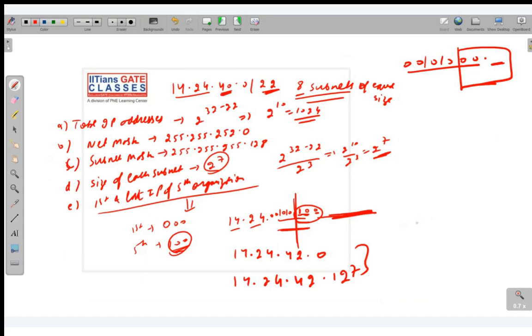Any doubt? Sir, that 42 that we got. Let me tell you: 1 0 1 0 1 0 0. If they were 0 0, this is 40, the binary of 40. Now, if I put 1 here, what is the weight of this place? 2. So 40 plus 2 is 42.